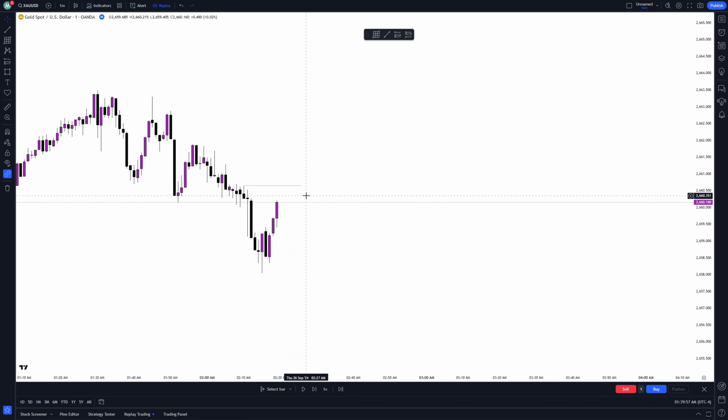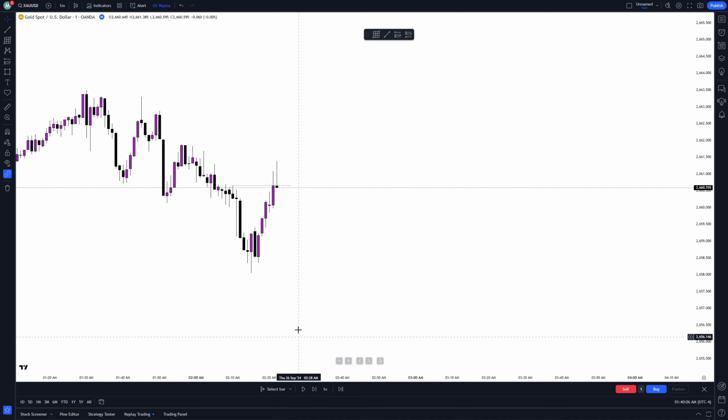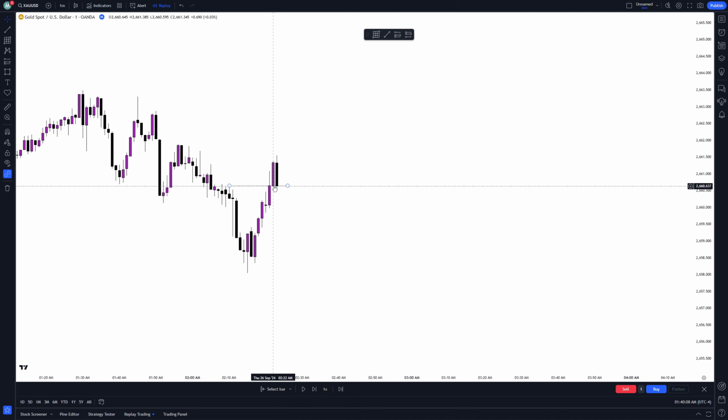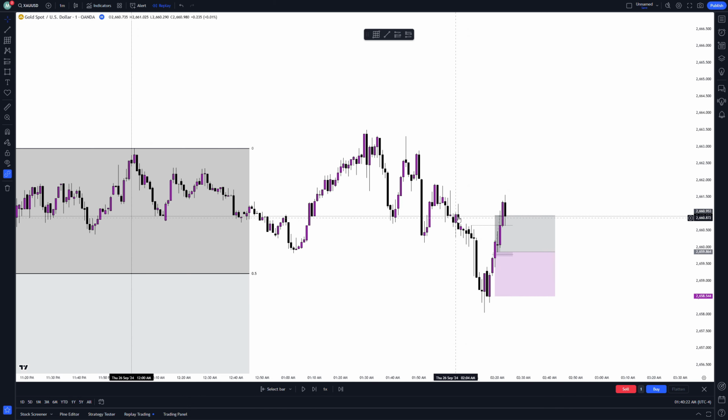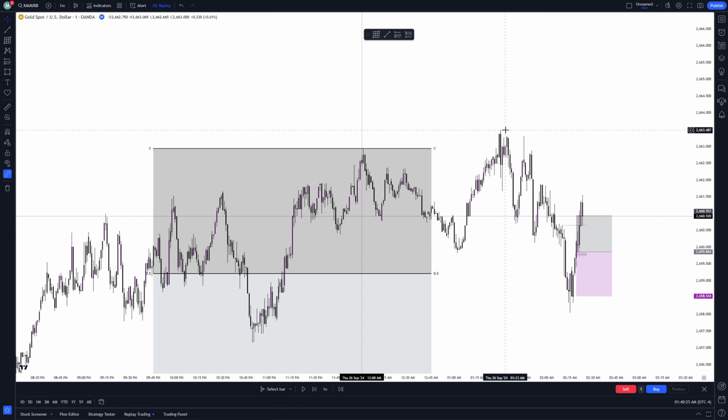We want to see a break above it, and we want to see any fair value gap to be entering off of, right? So let's see. So we have a break above it, and we have this fair value gap which is in discount, right? With the shift in the market structure, we have this fair value gap. We want to enter off of this fair value gap, and we will be putting the stop loss below this low, and we want to target these highs as a 1 to 2 target, right?